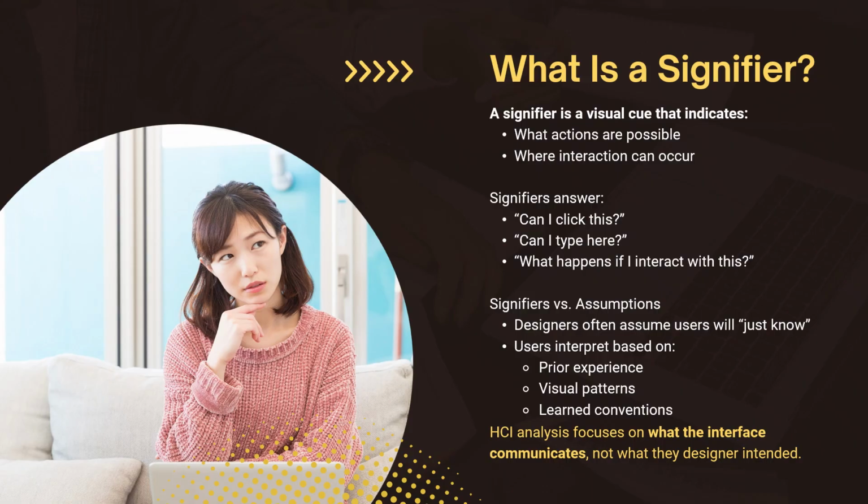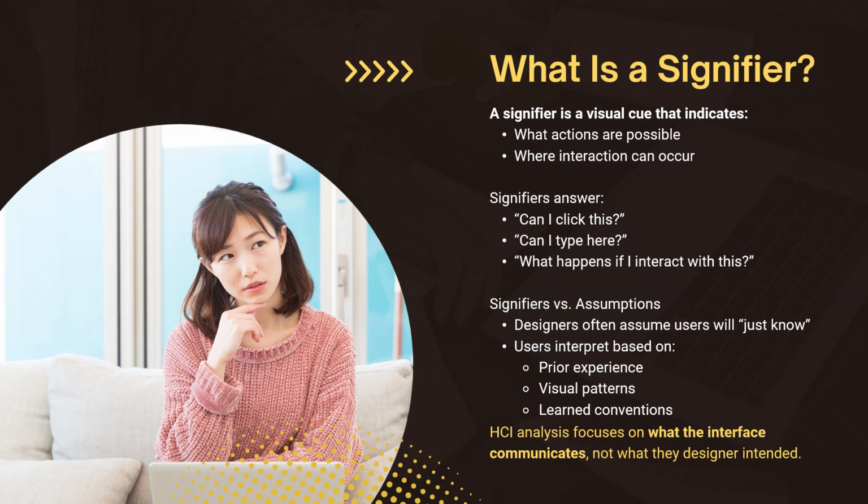So, what is a signifier? A signifier is a visual cue that tells the user what actions are possible. Signifiers answer questions like, can I click this? Can I swipe this? Can I type here? Is this a button or is this just decoration?